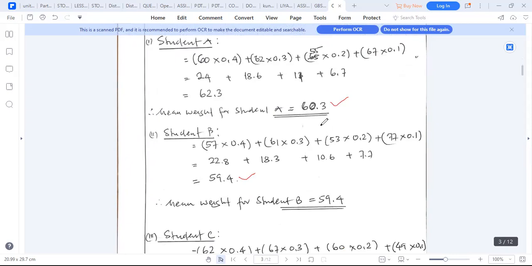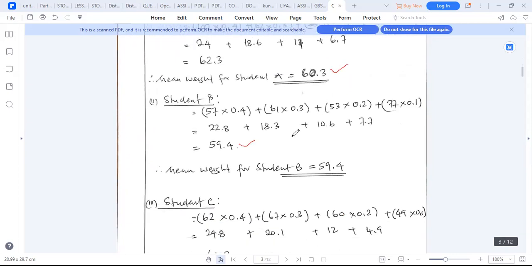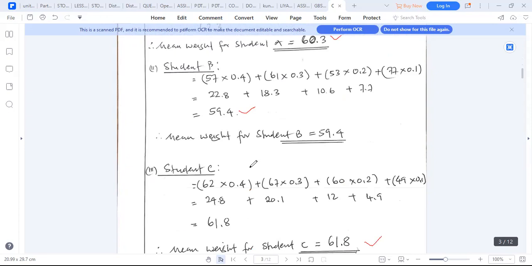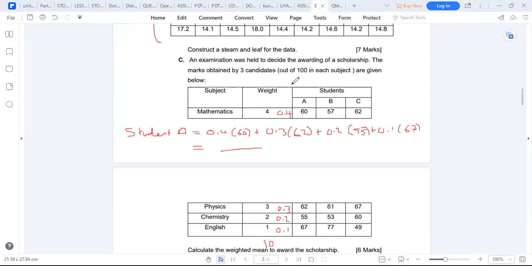So the mean weight for each student is as calculated. Are we together? Is that clear? So this is what part C was asking for.